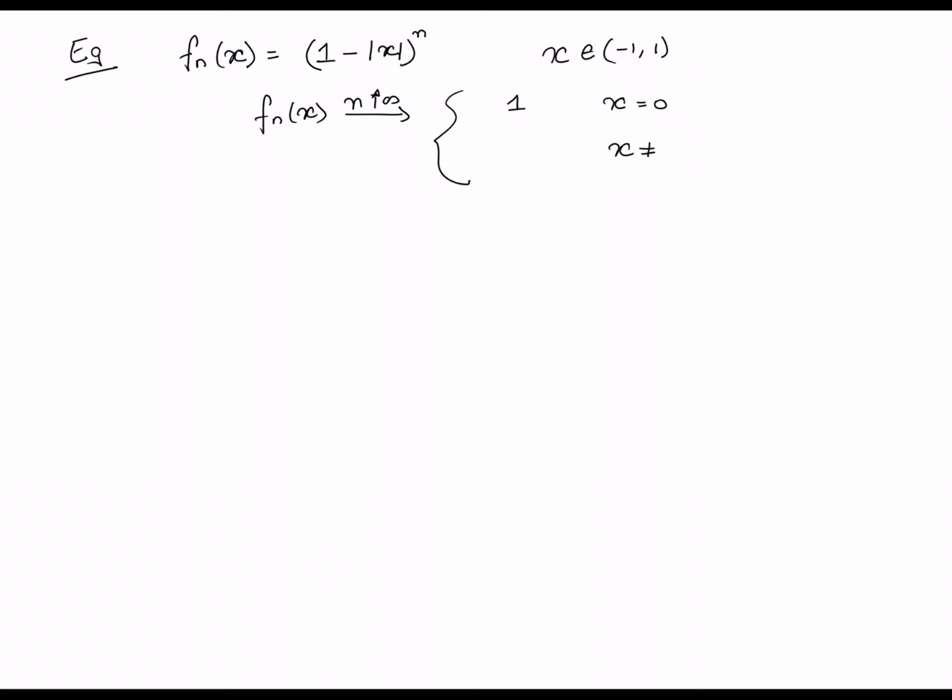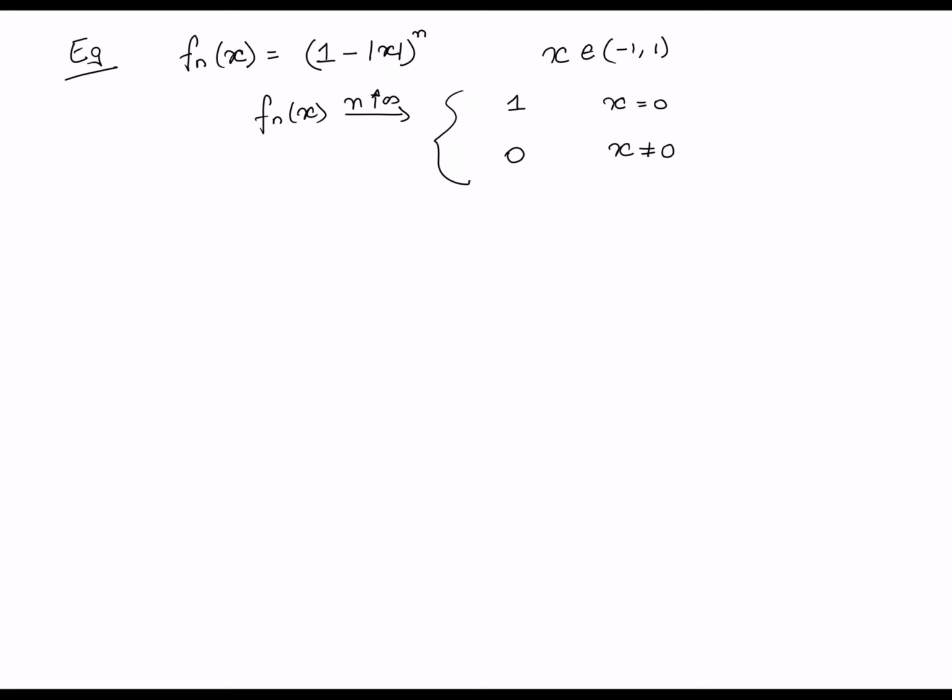For x not equal to 0, noting that x lies in the open interval from -1 to 1, (1 minus mod x) raised to n is exponentially decaying, because 1 minus mod x has an absolute value strictly less than 1, and so it will decay exponentially to 0.